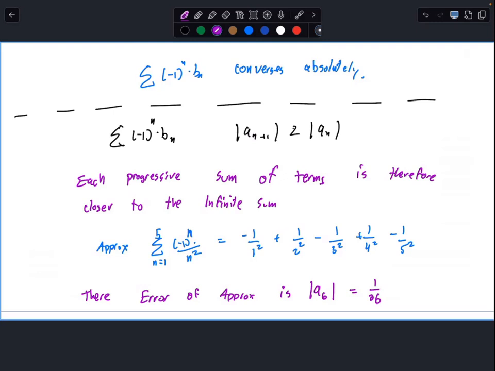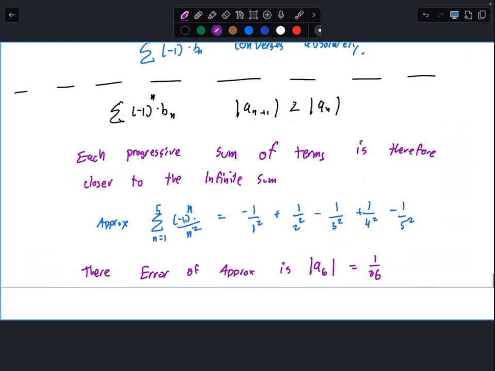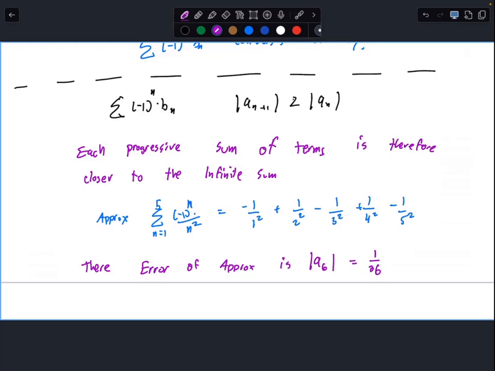That next term is the maximum, right? Because I know I'm going to get closer by 1 over 36, which brings me in the other direction. And yes, you can determine if it's too much or too little, but we're not worried about that. My error is the next term in the sequence.